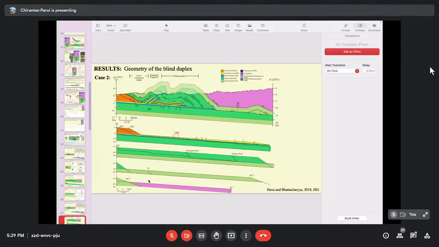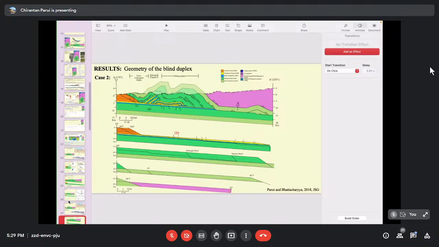So typically when we construct a balanced cross section, we are actually just looking at the translation component and the rotation component of deformation. Let's get back to the issue. As Professor Mukhopadhyay said, the other senior Mukhopadhyay, if there is a lot of internal strain, then drawing a balanced cross section is extremely difficult and loses its meaning altogether.